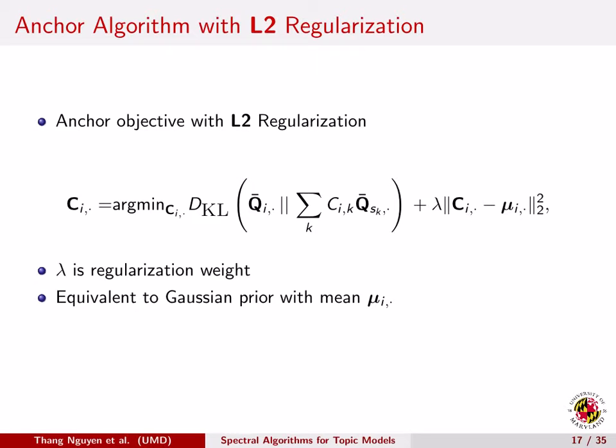So if mu is 0, that corresponds to a Gaussian prior with mean 0. And this is saying, okay, try to make your linear combination of anchor word distributions match as well as you can your target distribution for any particular word in your vocabulary, but try not to make C_i large unless you absolutely have to.